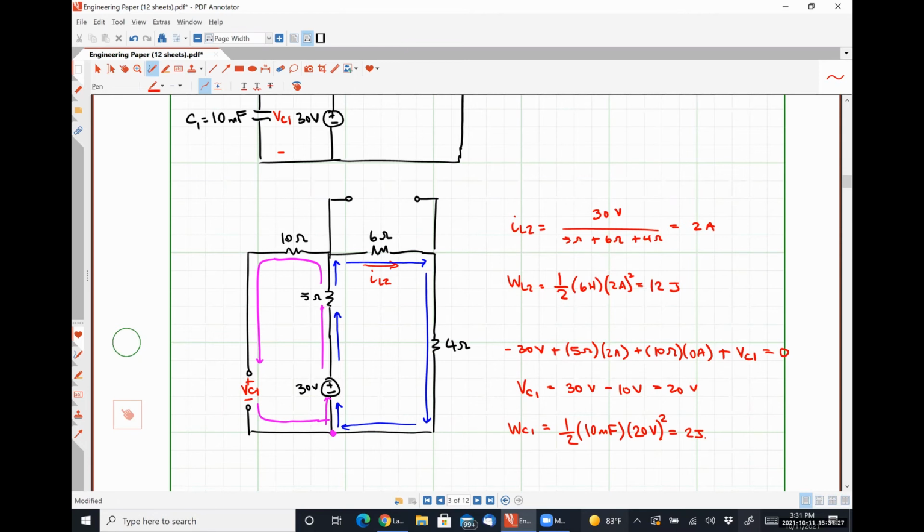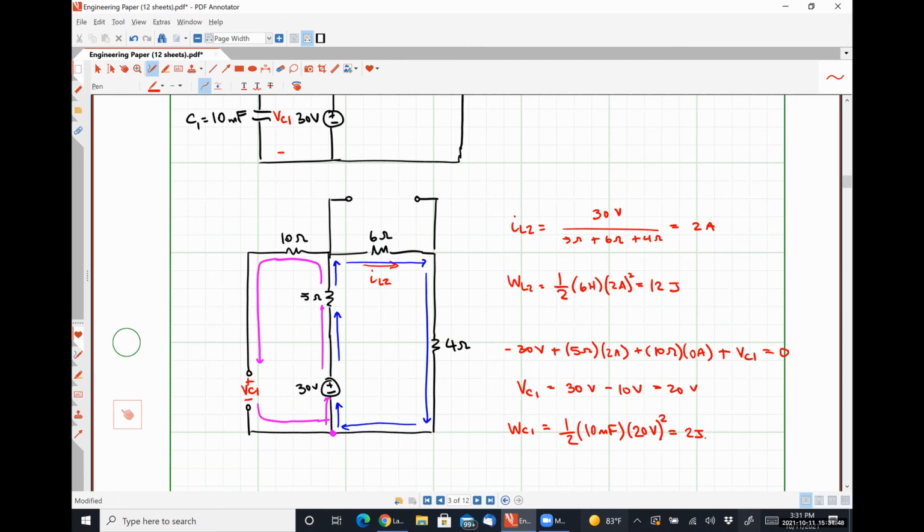That pink line is the path around which we are writing our Kirchhoff's voltage law equation. Okay. So there is no current that circulates in an opposite direction that will cause any cancellation to occur at all, right?